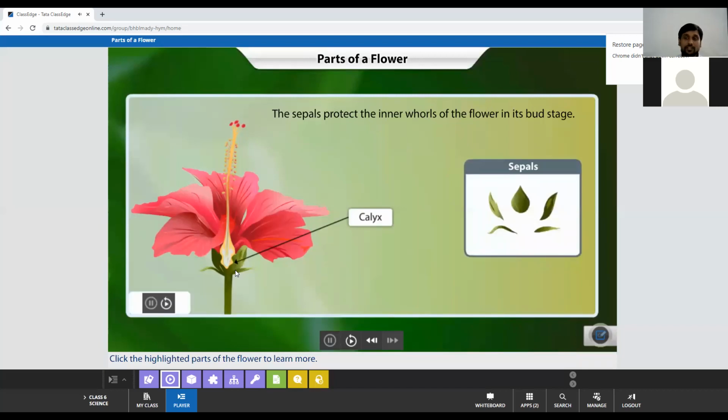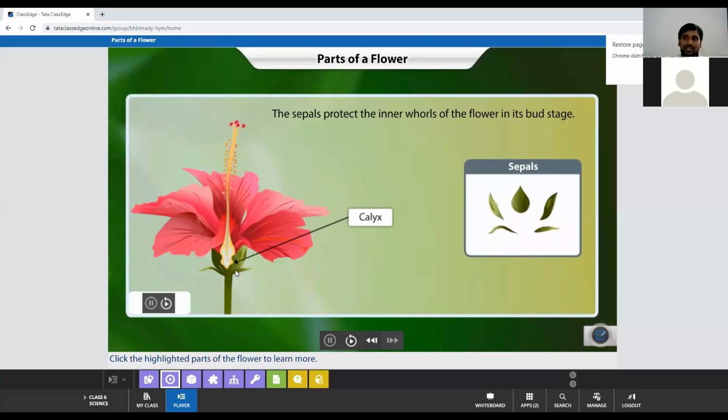So what he is telling there is that the first whorl is called the calyx, or it is also called the sepals. Okay, so what is the function of the sepals? It helps to protect the flower during which condition? The bud condition. Usually when we see flowers, first it starts with a small bud. Yes or no, guys? It will be covered by green leaf-like structures. But they are not leaves.